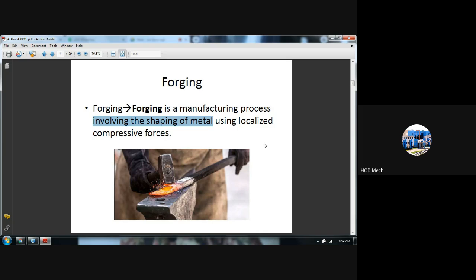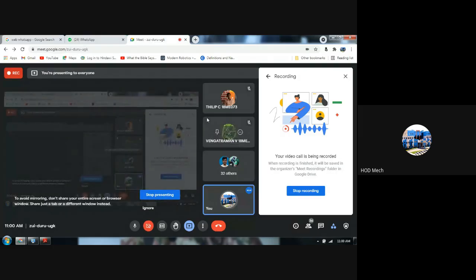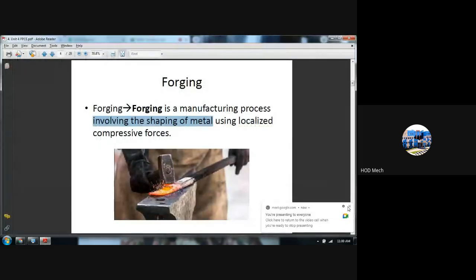So metal will be in any shape or any structure initially, and you are making that material into the form in which you want it to be. உங்களுக்கு எந்த ஷேப் தேவையோ அந்த ஷேப்புக்கு கன்வெர்ட் பண்றது தான் இந்த forging.